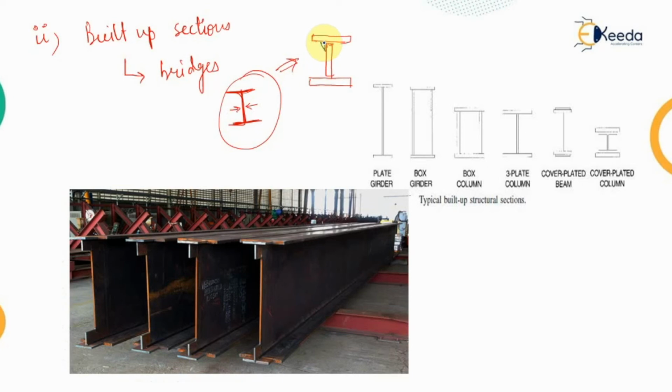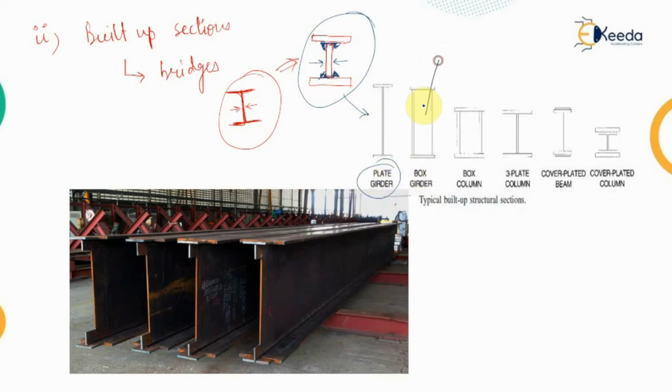With the help of these plates, we can weld them at these points so as to obtain the required shape of the I section. And the thicknesses of the plates will be selected by us, so we will get a suitable I section, and the section is known as the built-up section because it has been built by us. And usually this type of section is known as the plate girder.